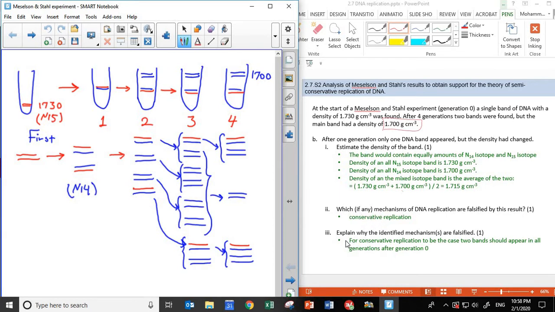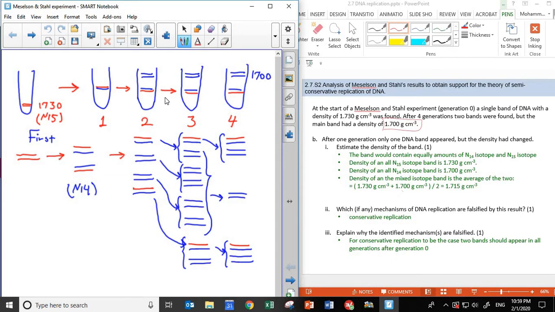And the third question is, explain why the identified mechanisms are falsified. For conservative replication to be the case, two bands should appear in all generations after generation 0.